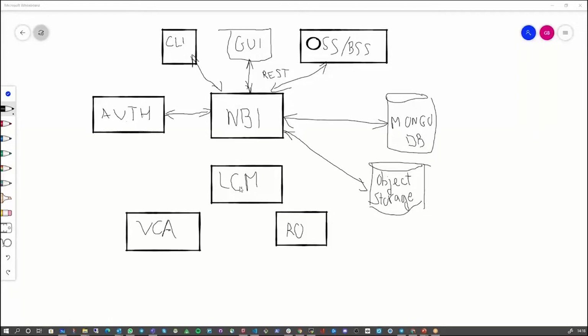It will coordinate the different things to be done, and typically there are two things expected when you have an instantiation. The first one is mostly related to the deployment of the network function, if the deployment is on a VIM.